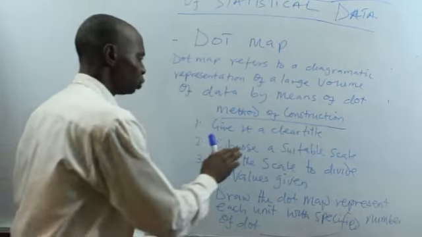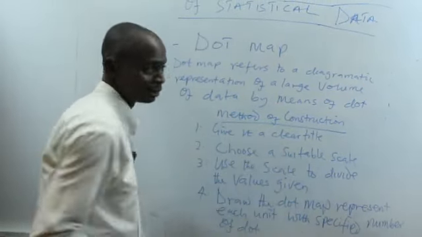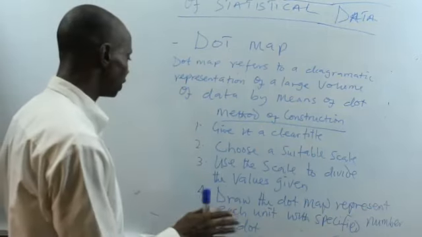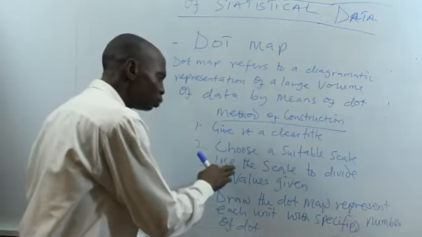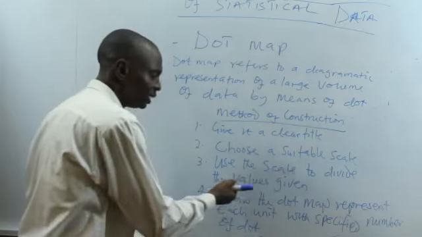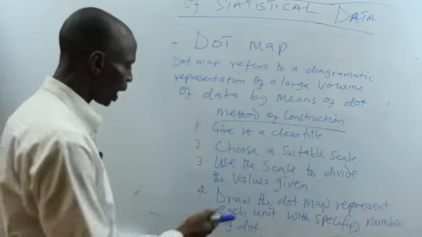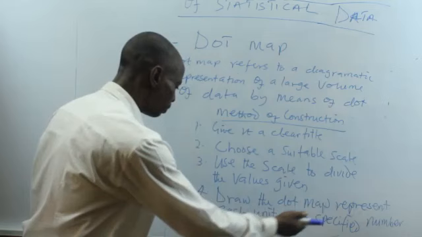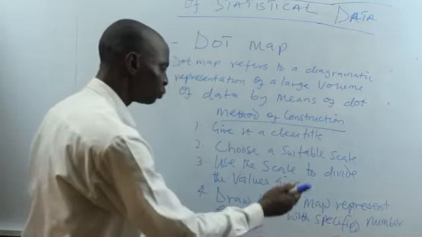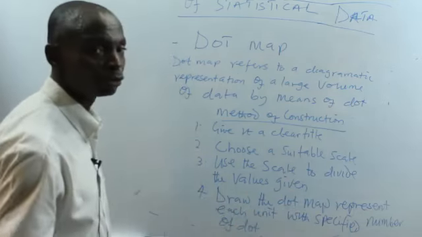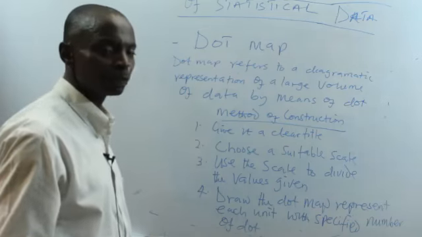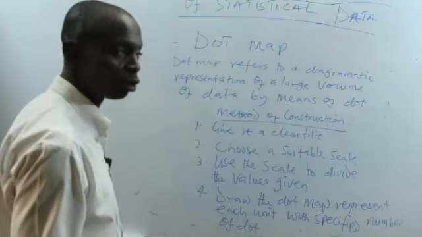Number two, choose a suitable scale, as we are going to see. Number three, use the scale to divide the values given and draw the dot map, representing each unit with a specified number of dots.